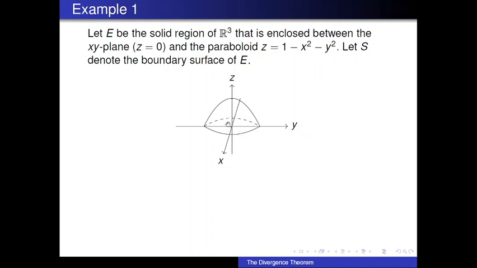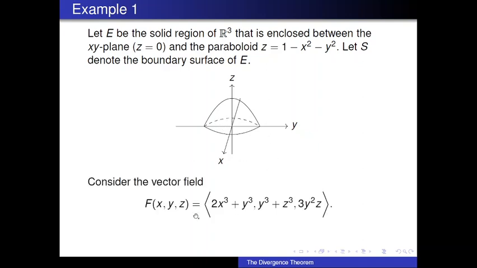So if we were to do a surface integral of a vector field over this surface, we would have to do two surface integrals, one over the paraboloid piece and another one over the cap in the xy plane, like we saw back when we did an example of a surface integral in section 16.7. And that was quite a bit of work.